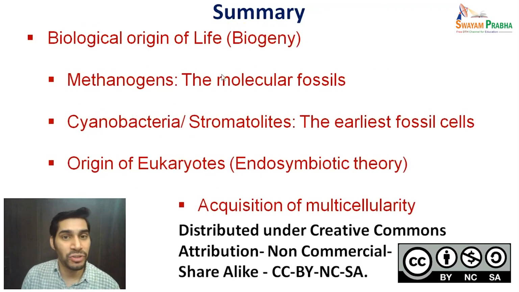Lastly, we discussed the biogeny part, where we talked about methanogens, the first molecular fossils, and cyanobacteria as the earliest fossil cells in the form of stromatolites. Then we discussed how the endosymbiotic theory explains the origin of eukaryotes from simple unicellular prokaryotic organisms, and lastly how multicellularity could have been achieved from these single-celled organisms.